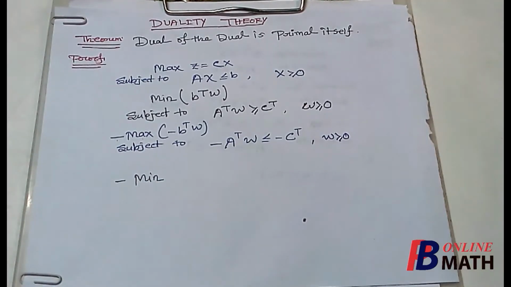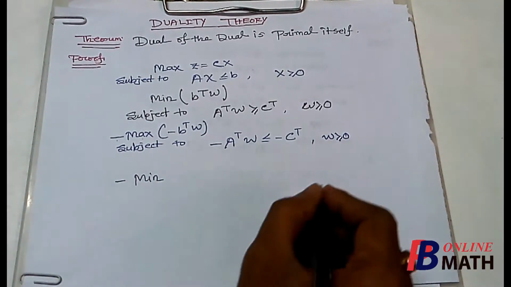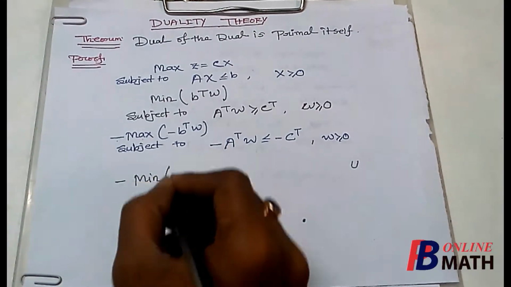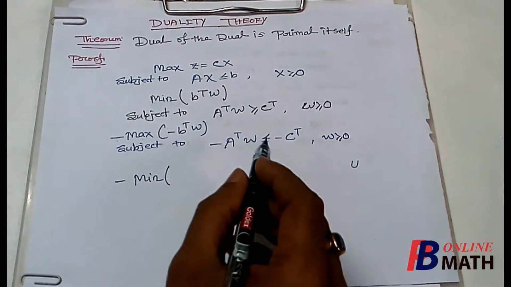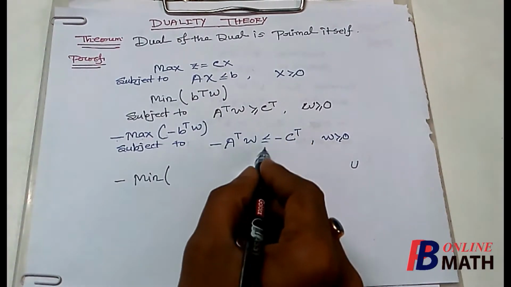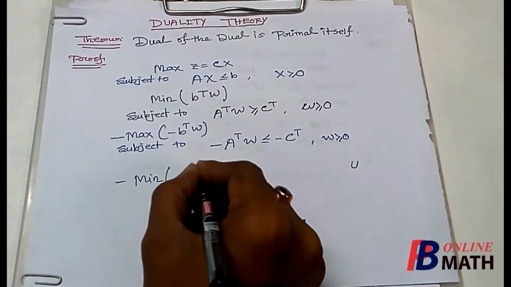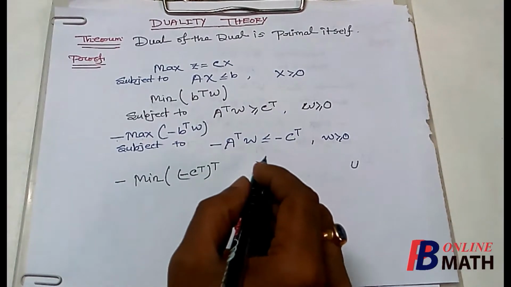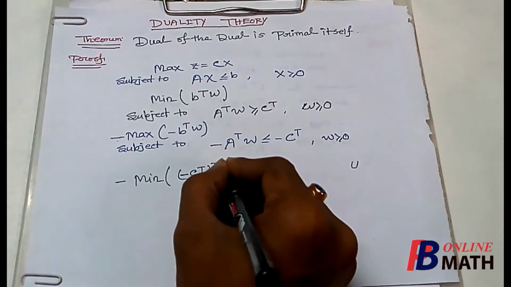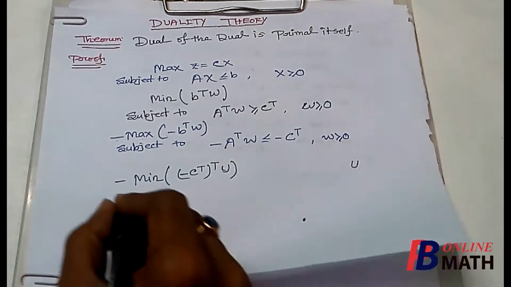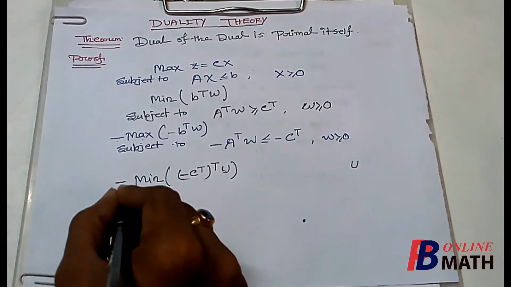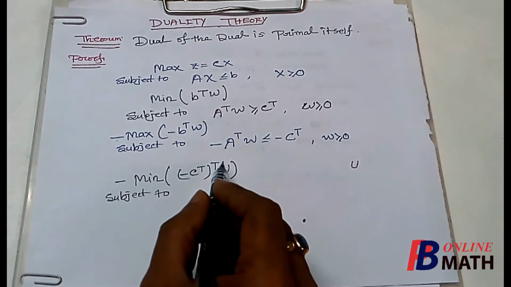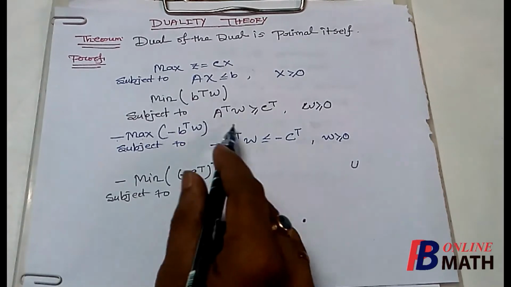If we assume that the new set of dual variables is denoted by this vector u, then the objective function will be the transpose of this vector, that means minus c transpose, and its transpose multiplied by the new variable vector u, subject to the transpose of the coefficient matrix of the primal problem.